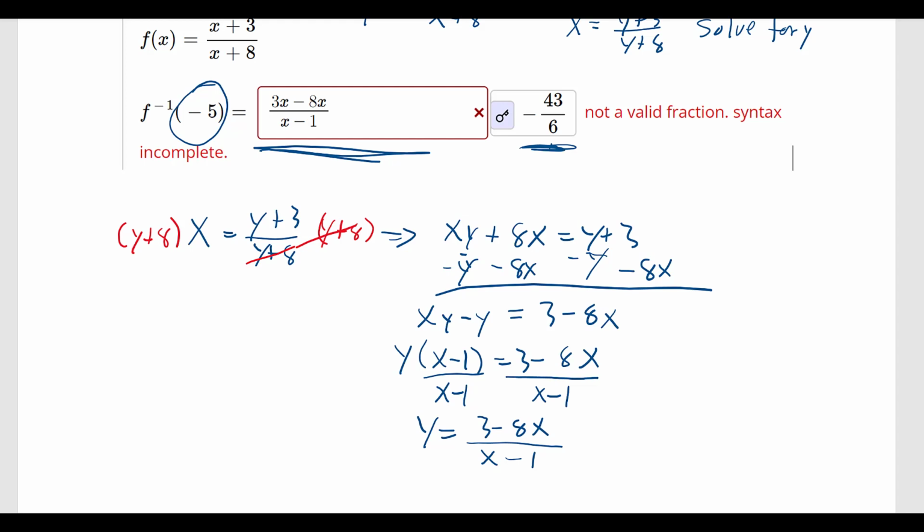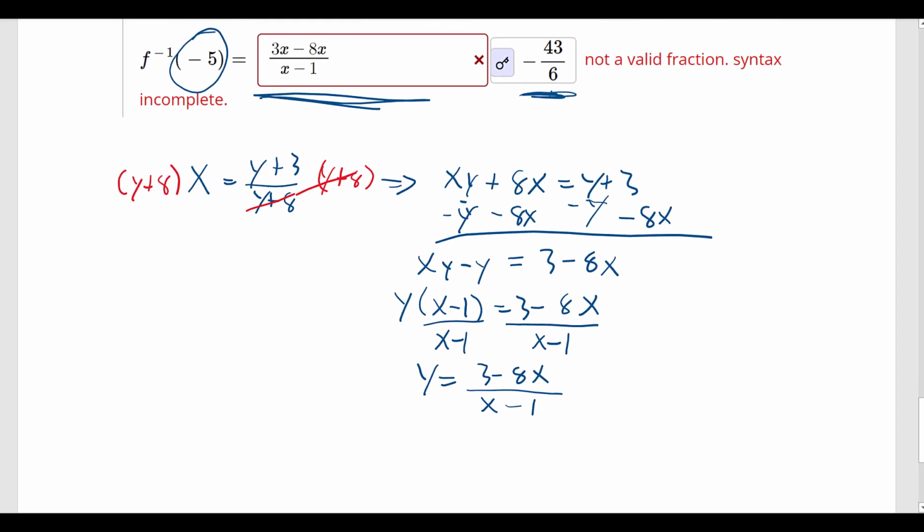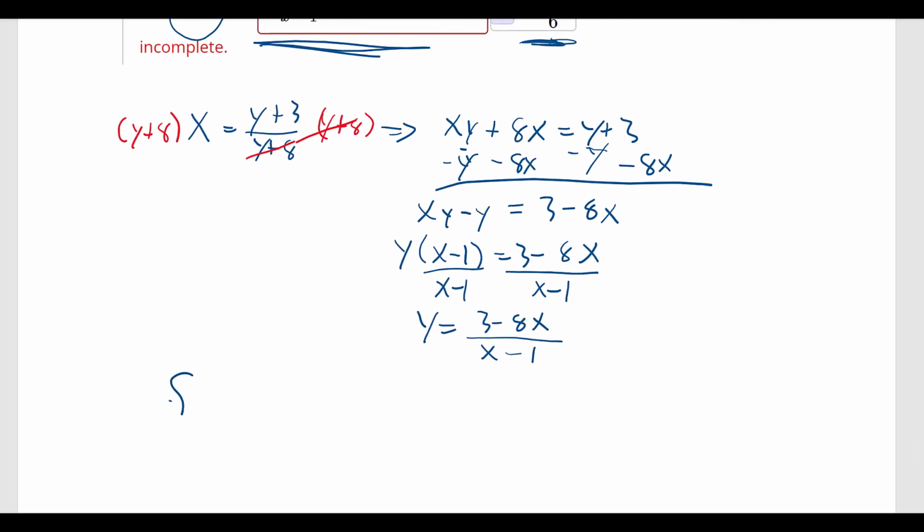So I see a 3x minus 8x in the answer that the person had, but that's not what I'm getting. So this means that our inverse function is 3 minus 8x over x minus 1.